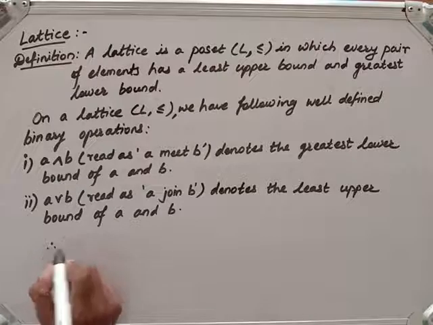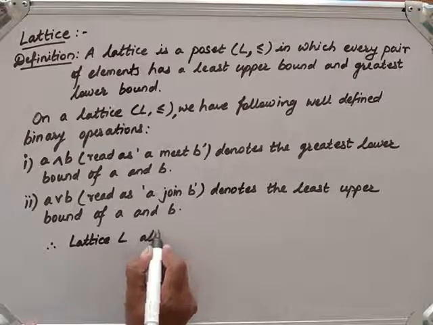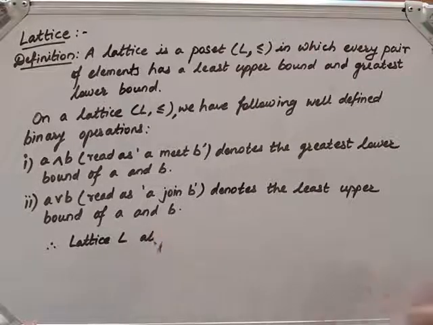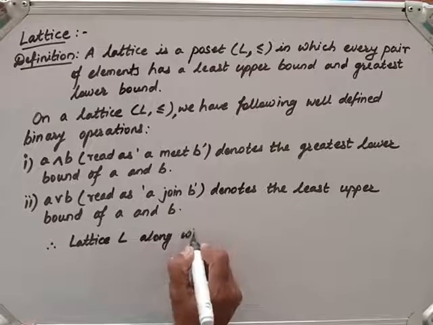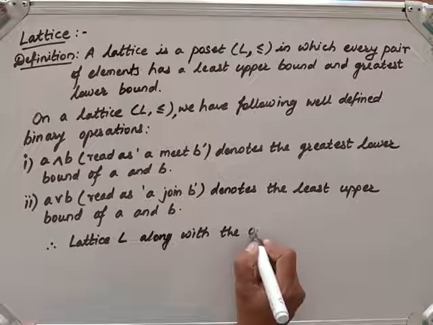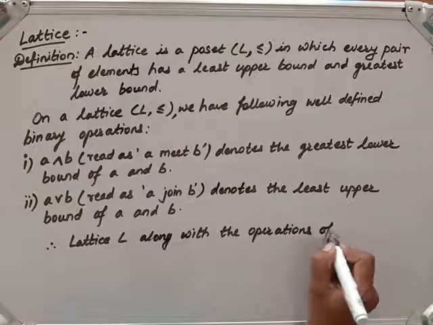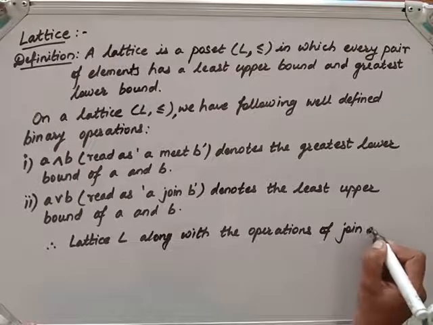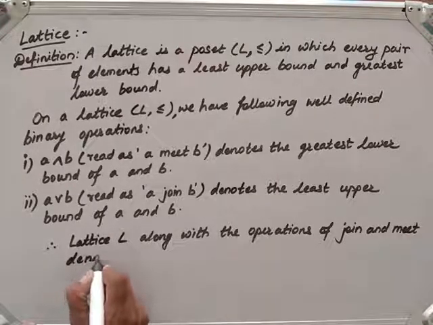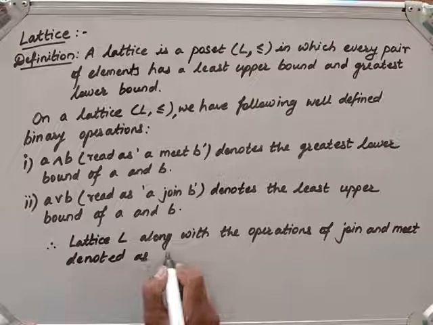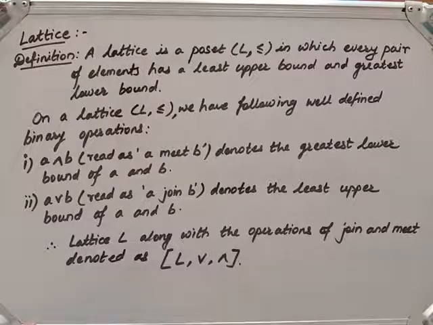Therefore a lattice L along with the operations join and meet is denoted as L, join, meet. This is the notation for a lattice.